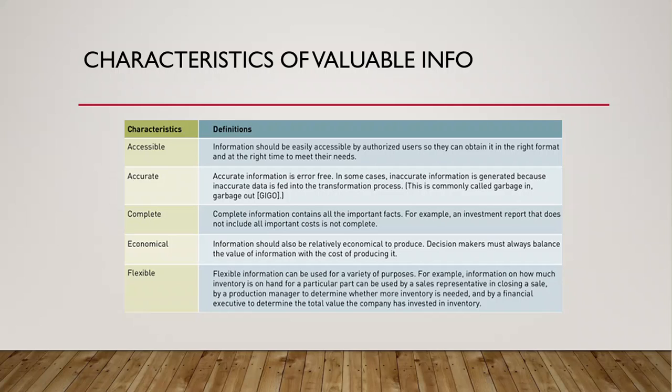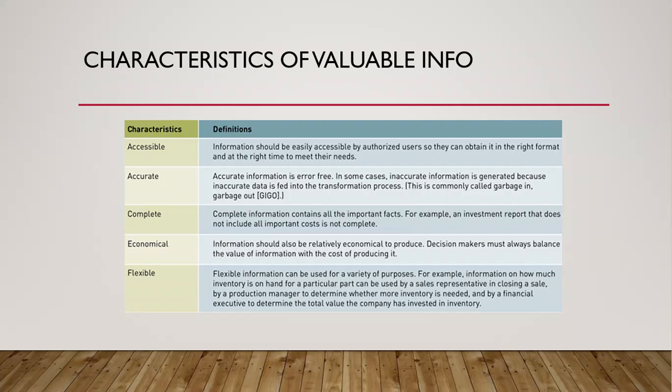Complete information contains all the important facts. For example, an investment report that does not include all important costs is not complete. Economical. What does it mean by economical? It should be relatively economical to produce. Decision makers must always balance the value of information with the cost of producing it.